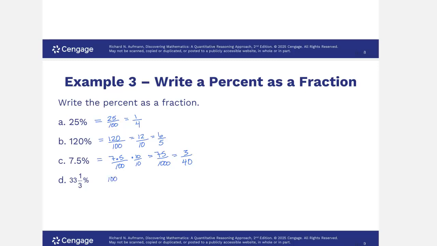So that's going to be 100 over 3. And I want to think about that over 100. So dividing by 100. And when we divide fractions, we keep, change, and flip. So you can see how those are going to cancel, and that's going to leave me with 1/3.